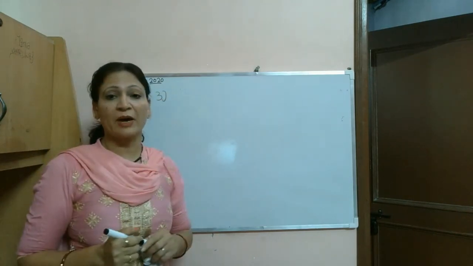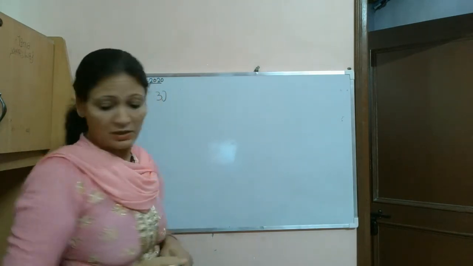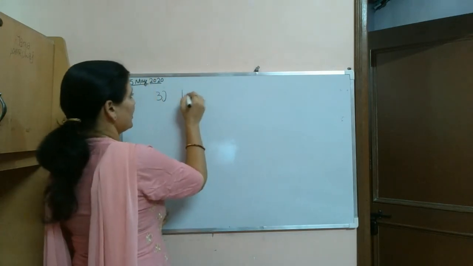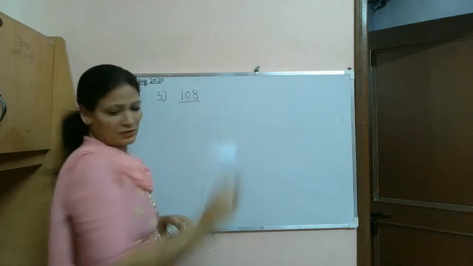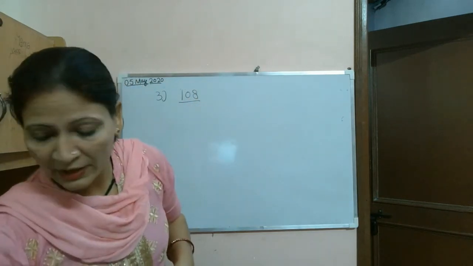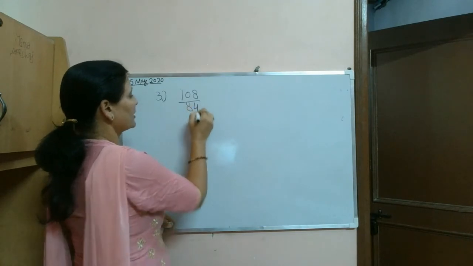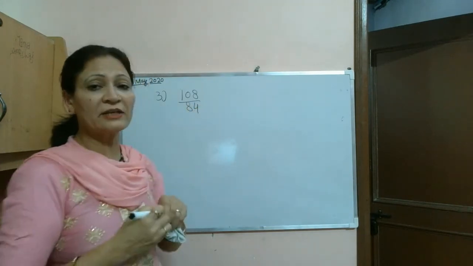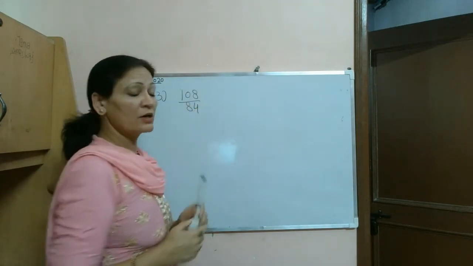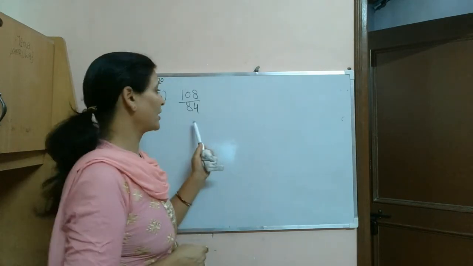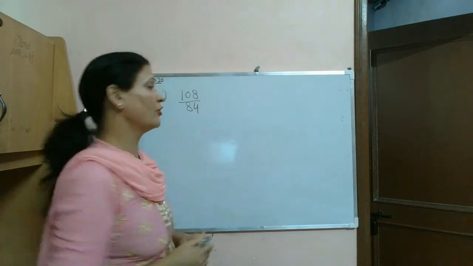Reduce the fraction by the HCF method. Now take one example, 108 and 84. How to find the HCF? In the numerator there is 108 and in the denominator 84.